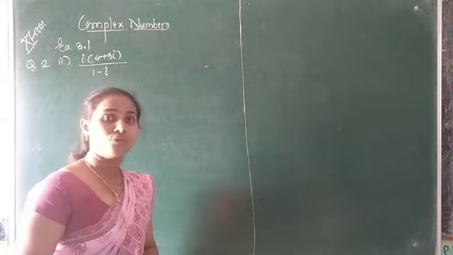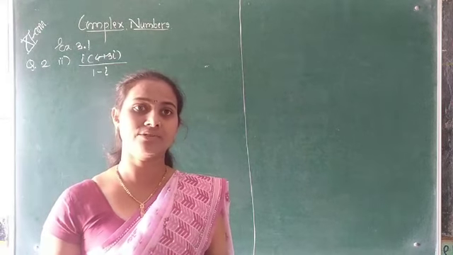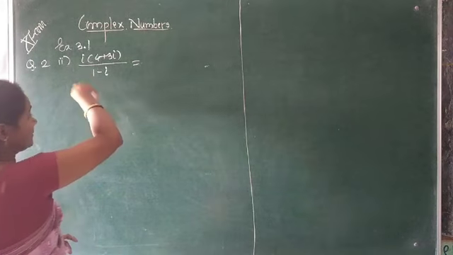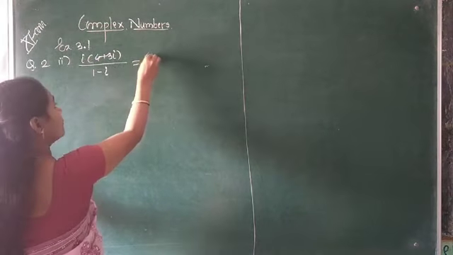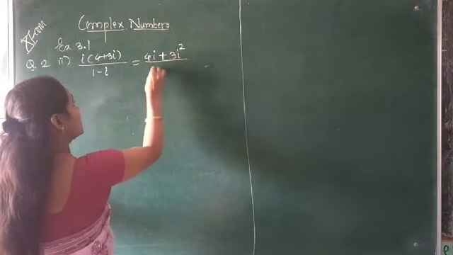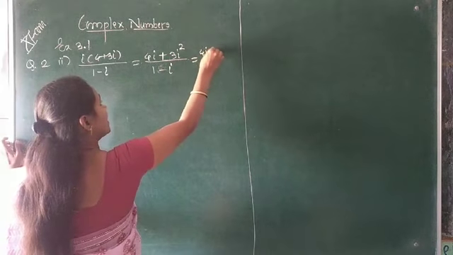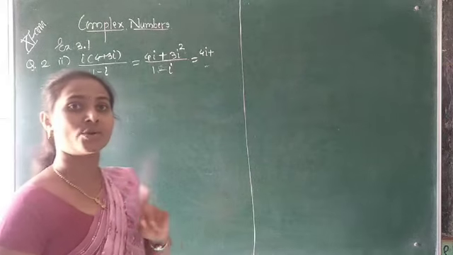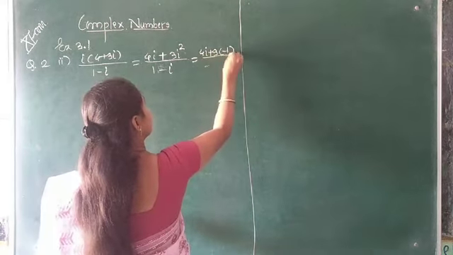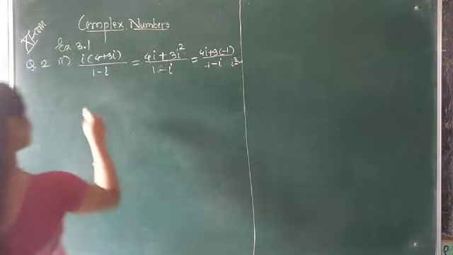We have to express the following number in the form a plus ib and state the values of a and b. First we take the product of these two, then we take the division of these two complex numbers. i into 4 is 4i, plus i into 3i is 3i square, divided by 1 minus i, which is equal to 4i plus 3i square, and instead of i square write minus 1, since i square is equal to minus 1.